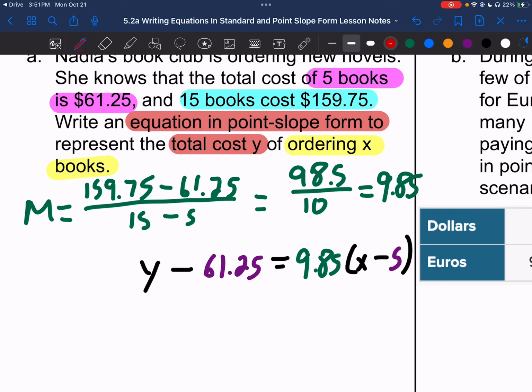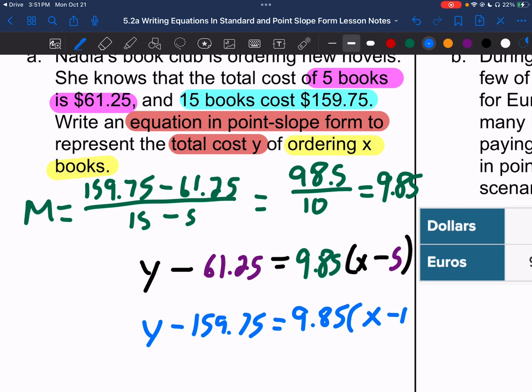You have a secondary equation you could write, and it would be y minus 159.75 is equal to 9.85 times the quantity x minus 15.